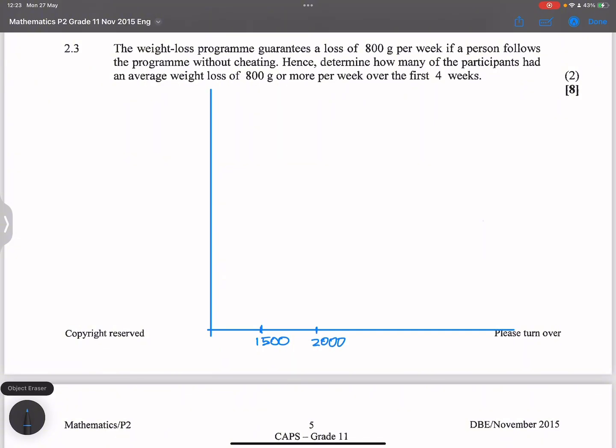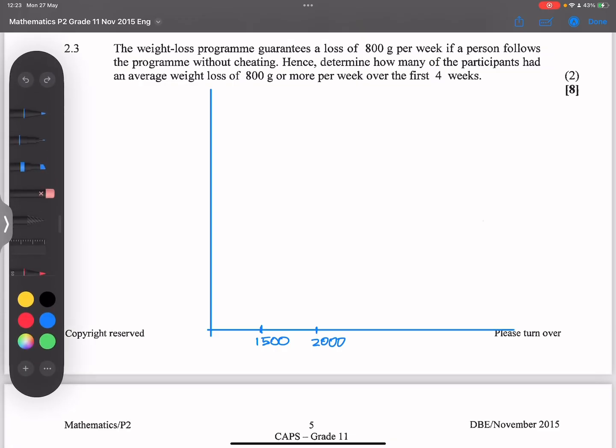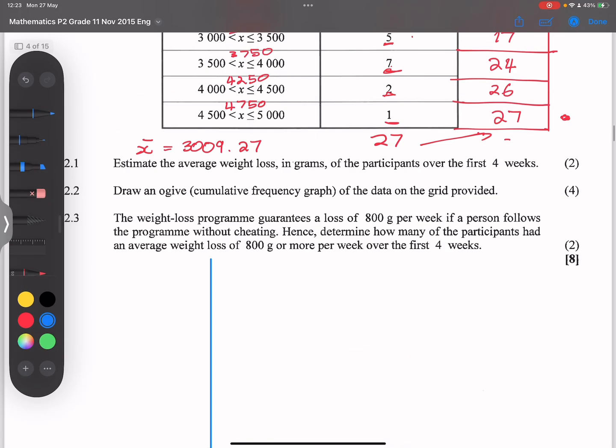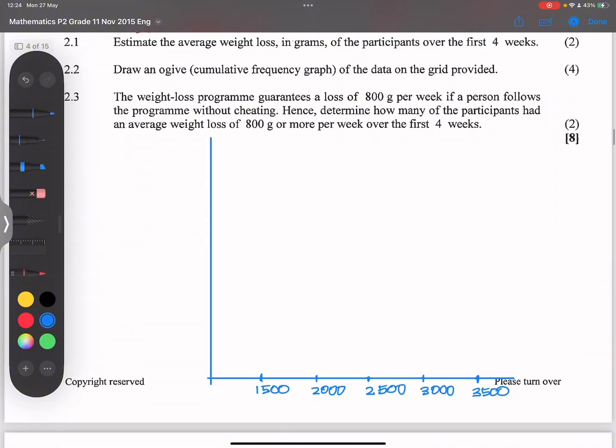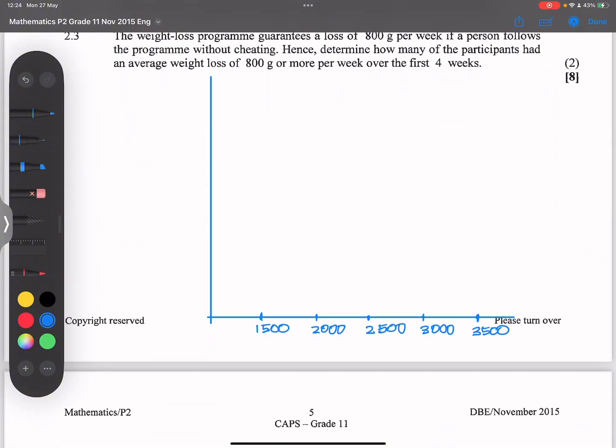They will increase by 500, so 1500, 2000, 2500, 3000, and 3500, up until 5000. Apologies, I'm going to have to write over these words.